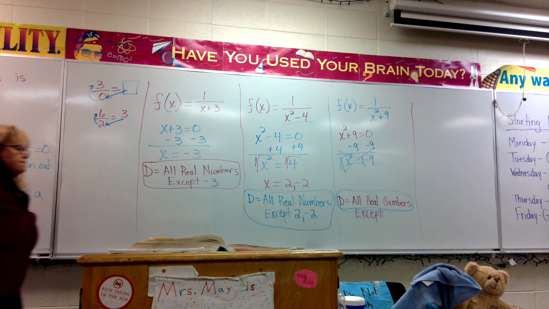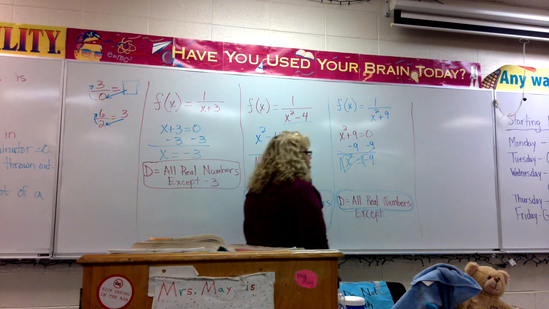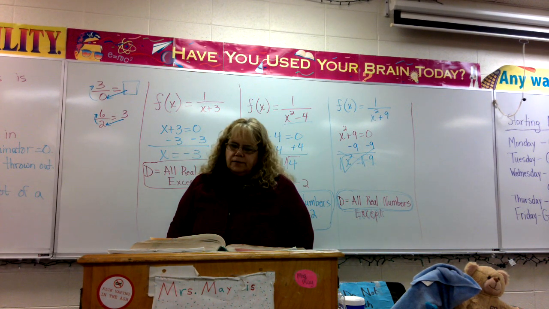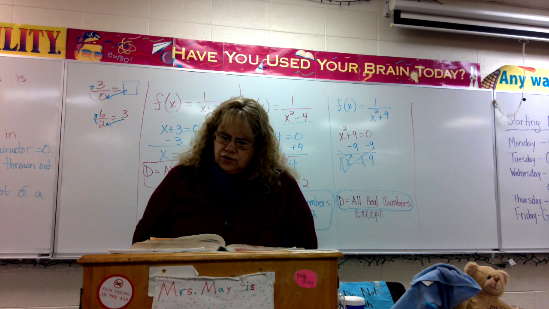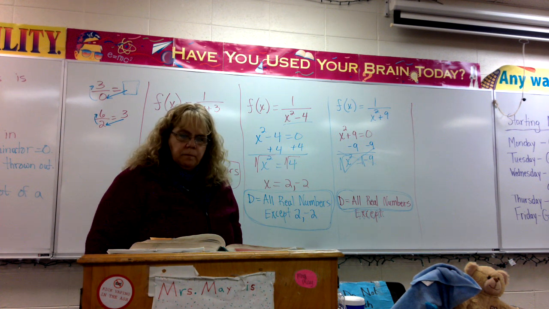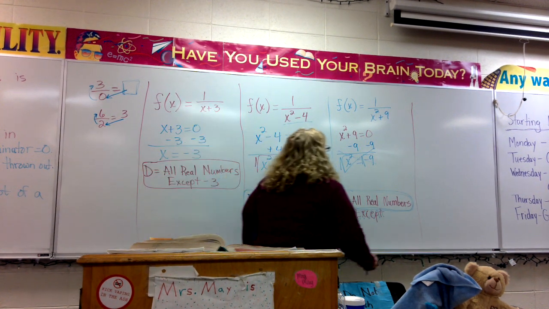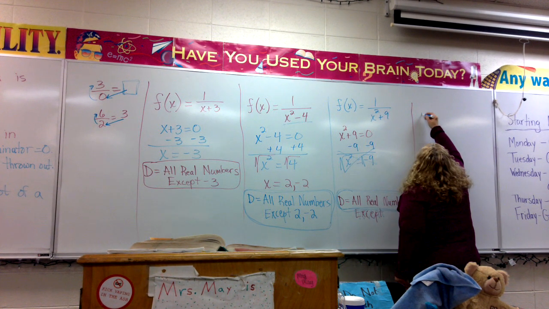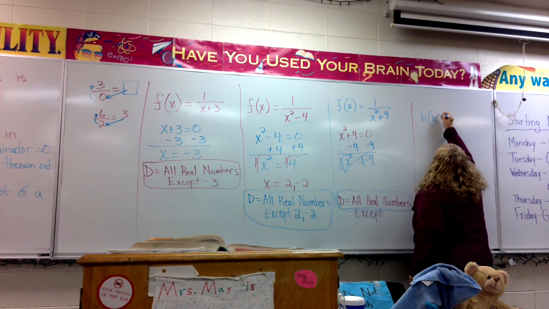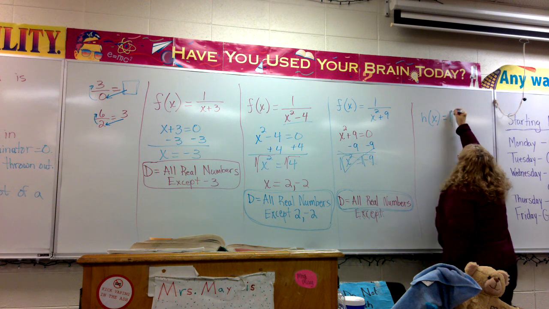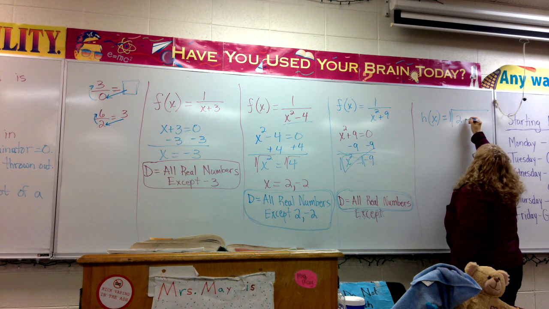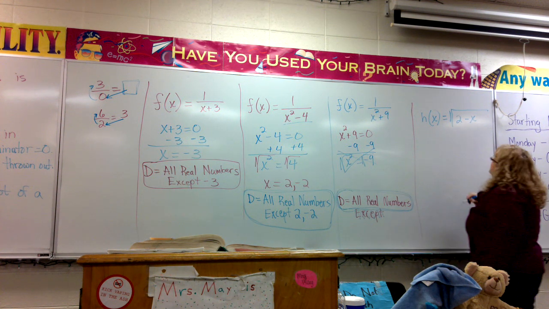So if I have this, I better look at my examples written down so I can do one that actually, how about this? They have h of x. H of x equals square root of 2 minus x.